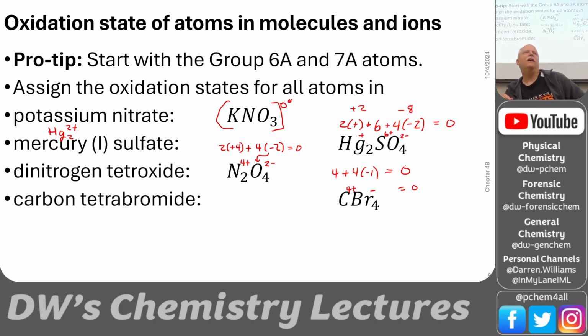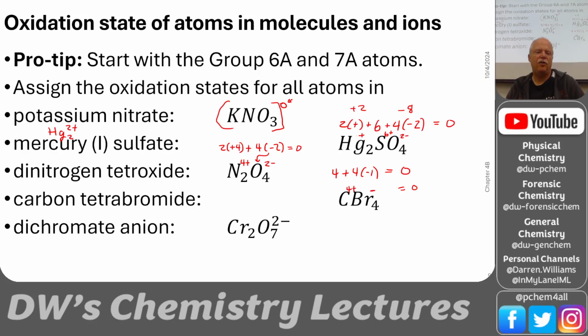I feel like I'm going fast. Any questions? Okay. So you just multiply it by the subscript. Yeah, that's right. Whatever the charge is. So you start, like I said, the oxygens are -2, and so you just multiply that -2 times however many oxygens you have.